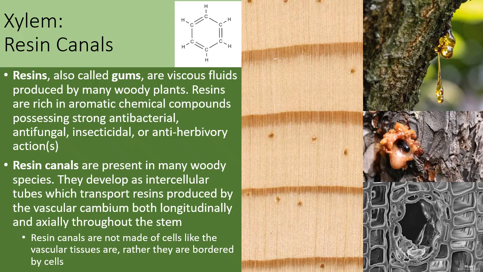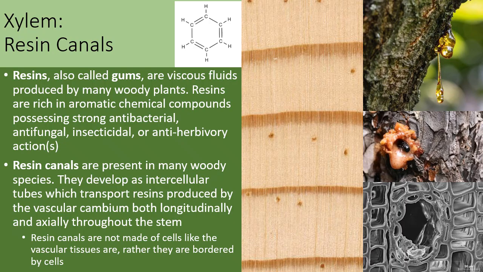Often these aromatic compounds have multiple rings attached to one another. They can be a lot of different shapes, but often they're strongly antimicrobial, insecticidal, or help protect the tree from herbivores. And because these chemicals in the resin are quite hostile to cellular life, the tree doesn't store them in living tissues, and it doesn't move them through living tissues.